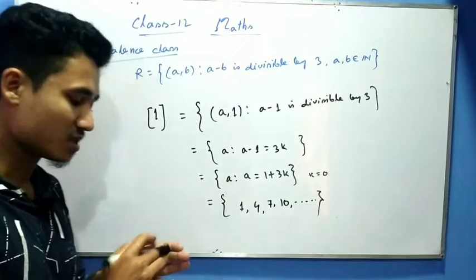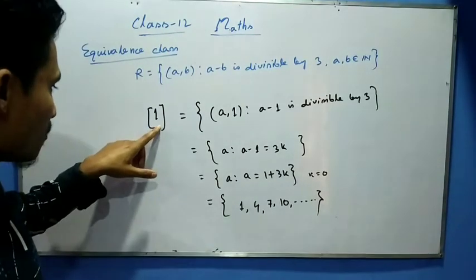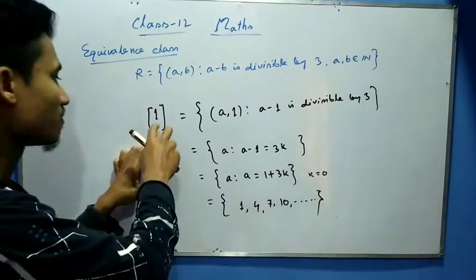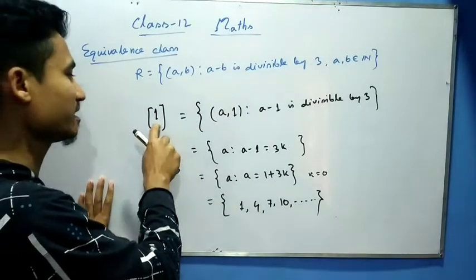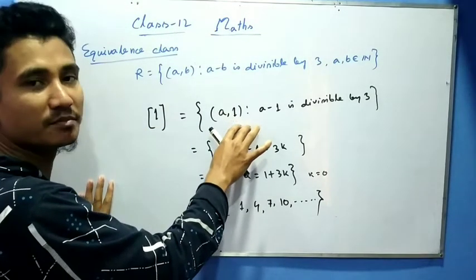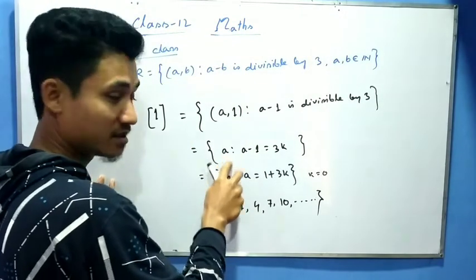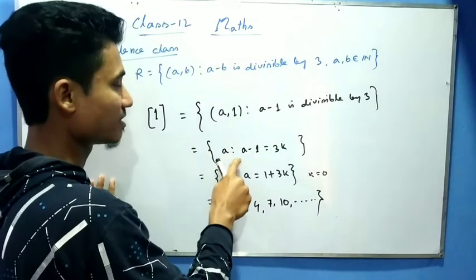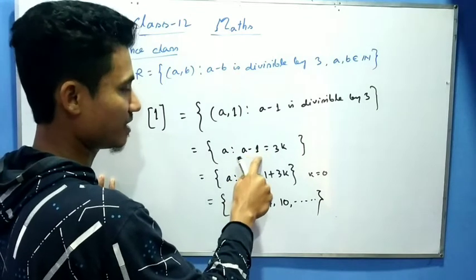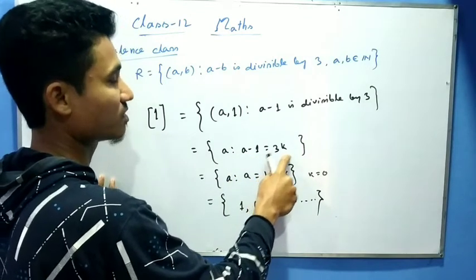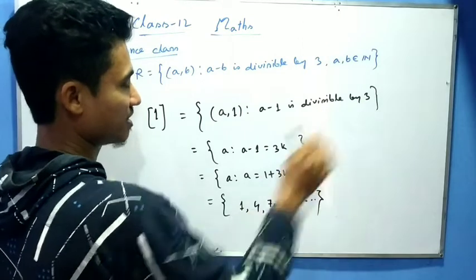What I am trying to say is that for whichever element we are finding the equivalence class, it is always replaced by b. And this is nothing but the value of a where a minus 1 equals 3k, because the number a minus 1 is divisible by 3.